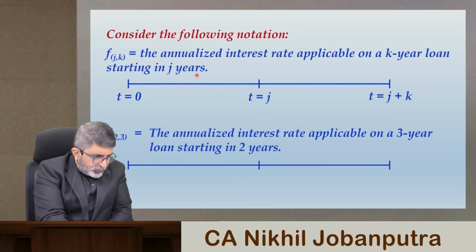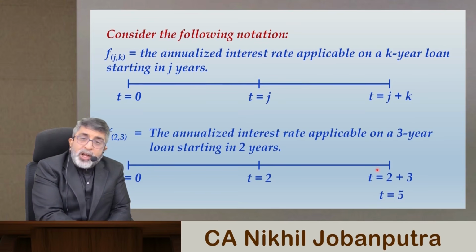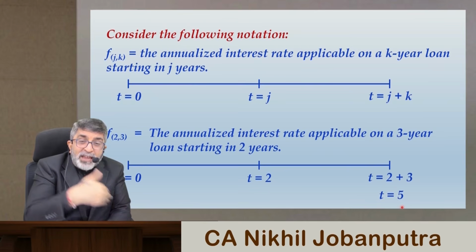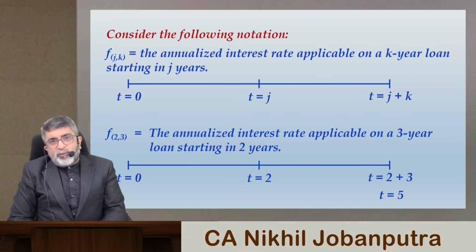And when I draw this timeline referring to f2 comma 3, the loan will start in 2 years and the loan will be for a period of 3 years. So by the time the loan terminates, the end period from now will be 5 years away. So we mention this as t equal to 0, t equal to 2 and t equal to 5.